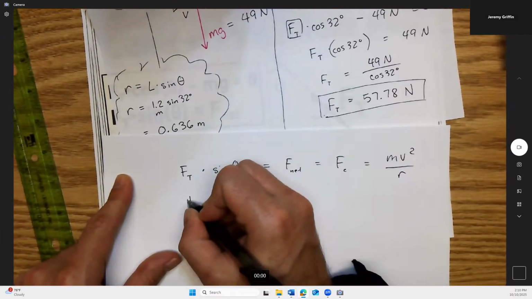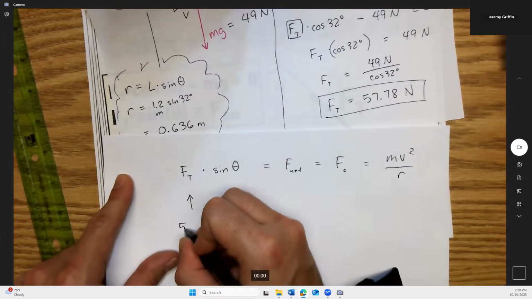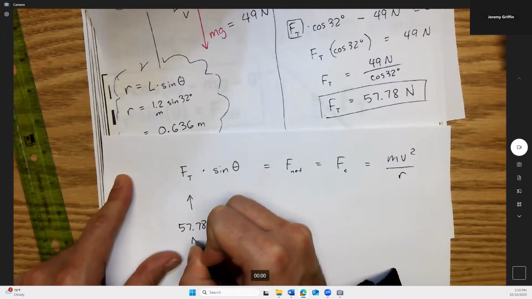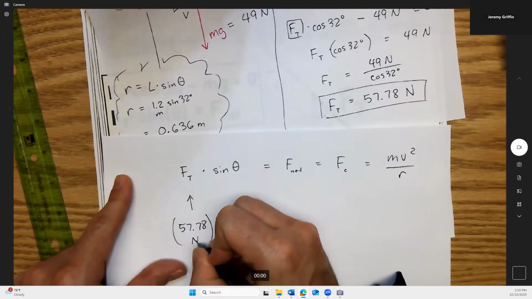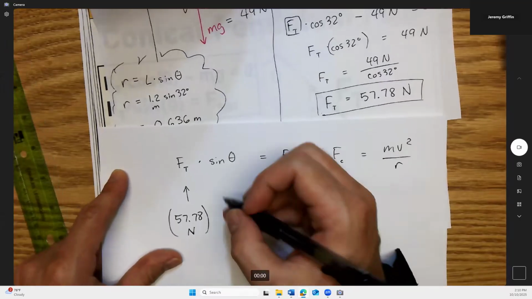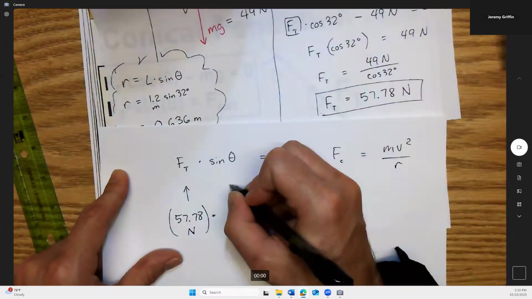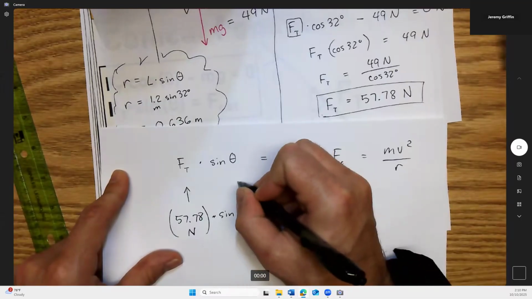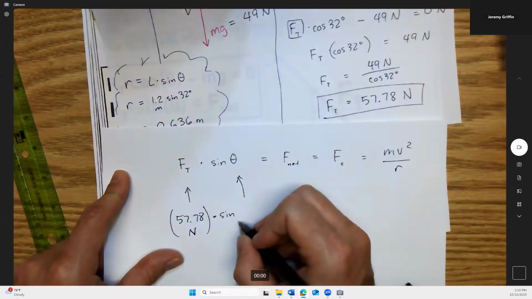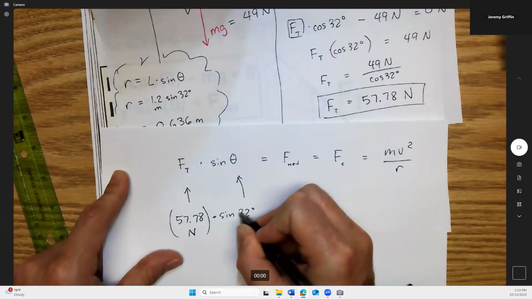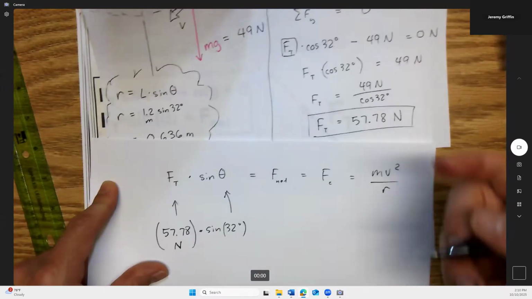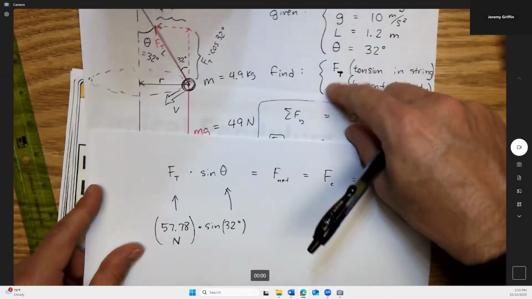For tension force, we just found that to be 57.78 newtons. Can't really be precise, but save some extra digits for your middle calculations. Times sine of 32 degrees, because I gave that to you. Right? That was one of the original given values up here.